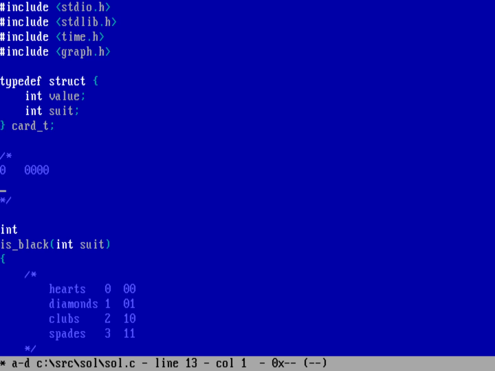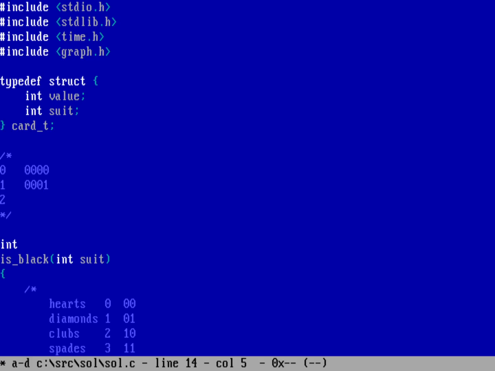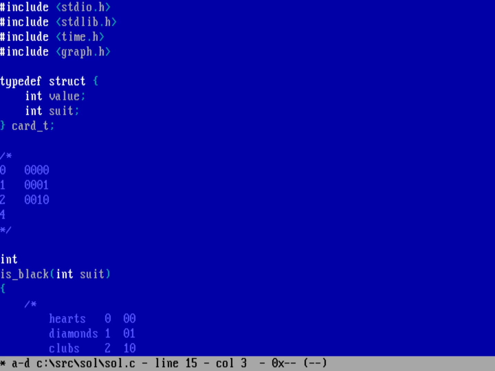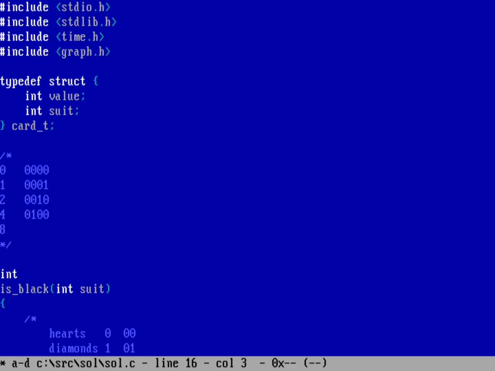And if you walk your way up, you remember that the value of 1 is 0, 0, 0, 1. The value of 2 is 0, 0, 1, 0. The value of 4 is 0, 1, 0, 0. And the value of 8 is 1, 0, 0, 0.